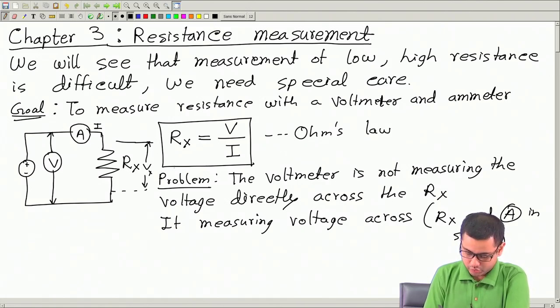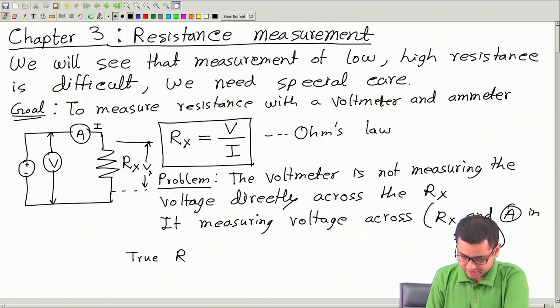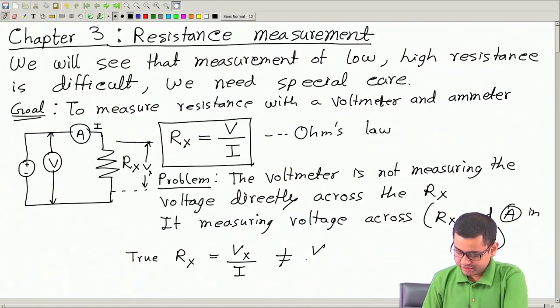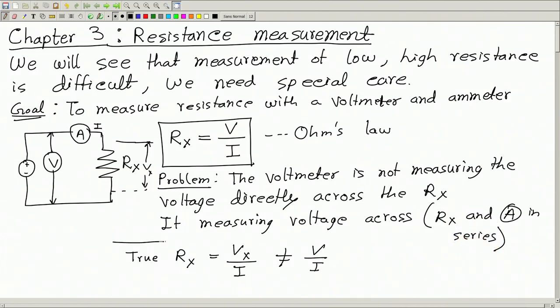So true Rx is Vx by I and is not equal to V, the voltmeter reading, by I. So there is a problem. Now can we solve it?